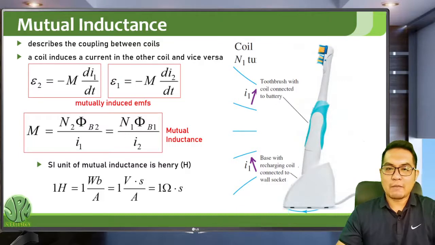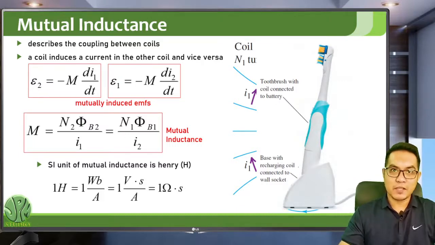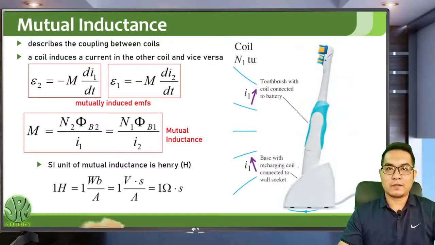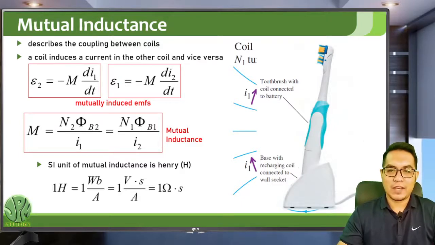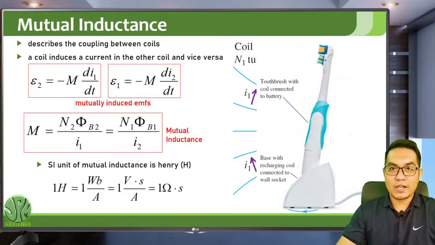An example is a rechargeable toothbrush or a rechargeable device which uses wireless charging. The wireless charging technology for smartphones is now available, and that takes advantage of the phenomenon called mutual inductance.